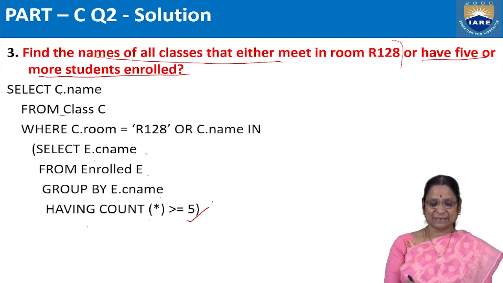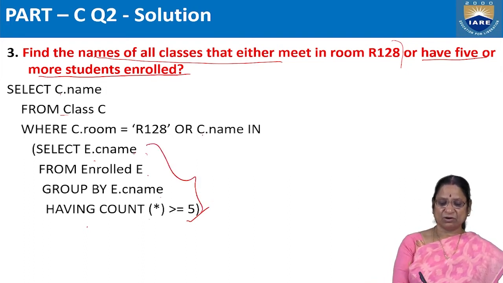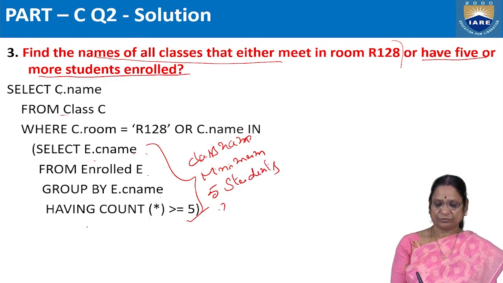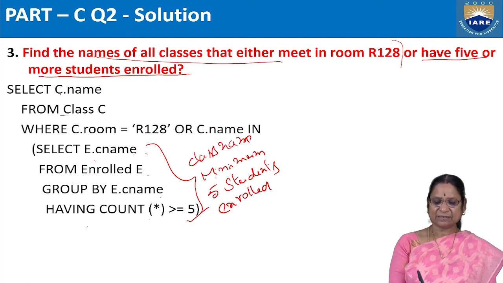That means what does the subquery give? The subquery gives all class names in which at least a minimum of 5 students are enrolled. So this is the subquery.